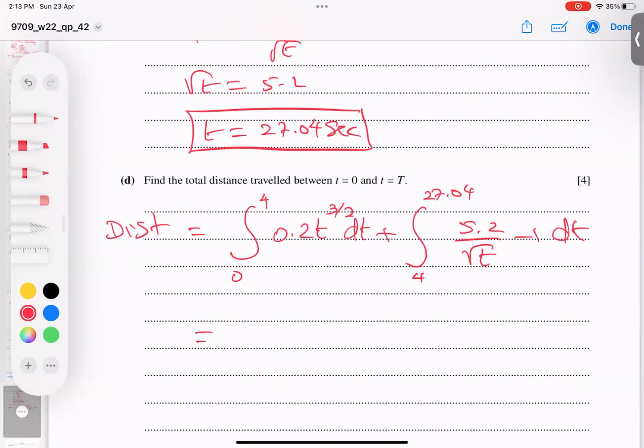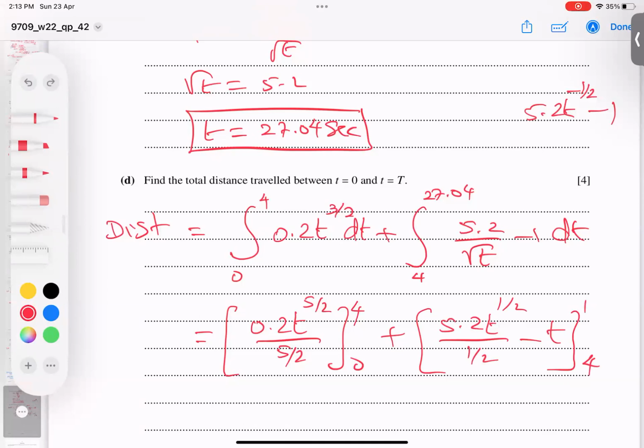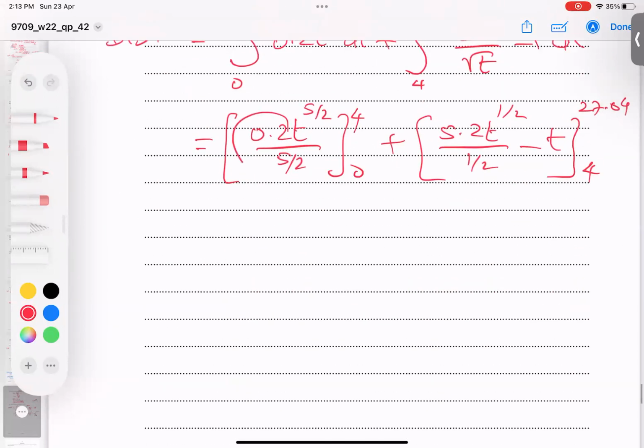Now I'm going to integrate, and what is the rule? Increase the power by 1 and divide by the same, over the limits. Can I do it directly? No, first I bring it up, so it becomes t to the power negative half, minus 1. Increase the power by 1, so 5.2 divided by half, and t comes here, from 4 to 27.04.